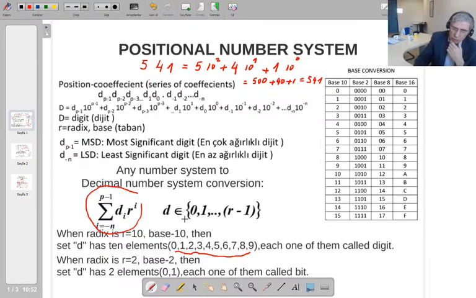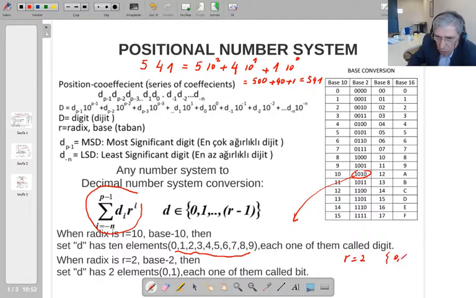In other words, we could say it like that. So you see here, for example, randomly I have chosen that. So what is this number in decimal with that positional formula? Our radix is 2 and our symbols are 0 and 1, nothing else we've got. So the number here includes 0 and 1 only.